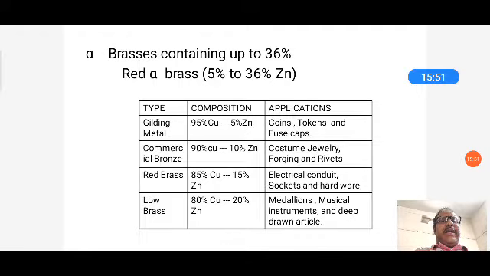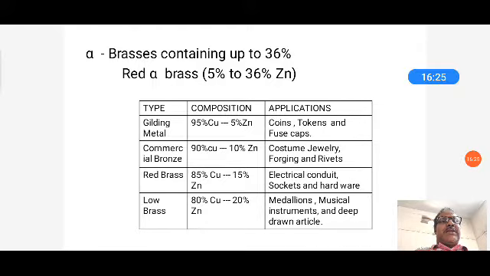And 80% copper, 20% zinc is known as low brass. Low brass means that the content of zinc is a little bit higher. The low brass is used in applications such as medallions, musical instruments, and deep drawn articles.